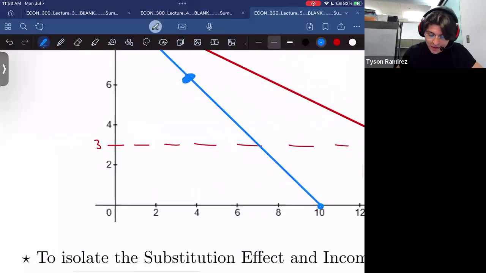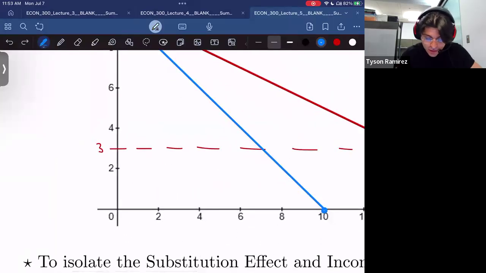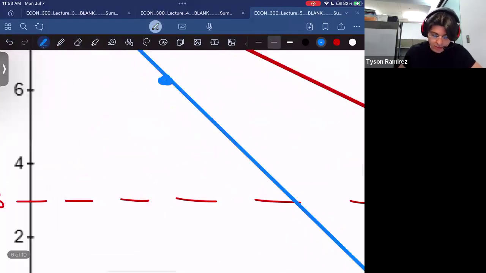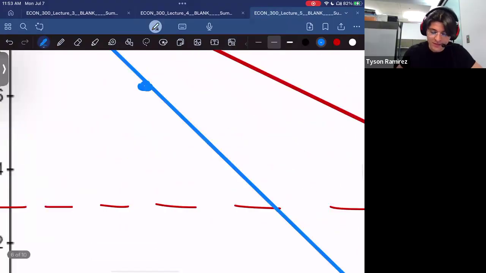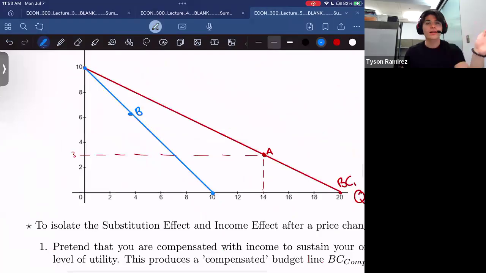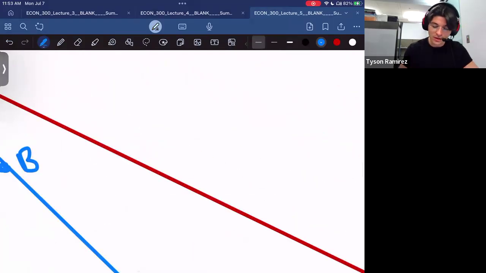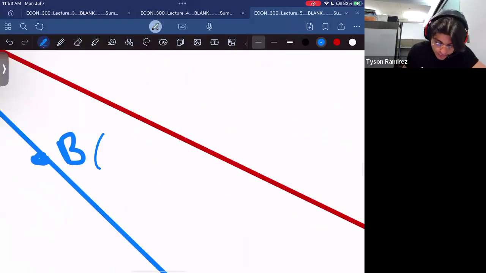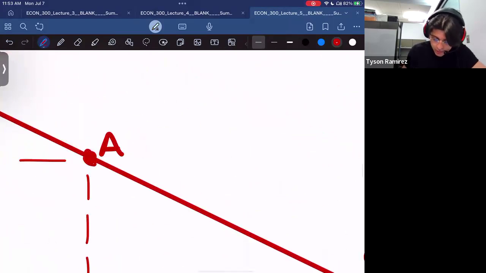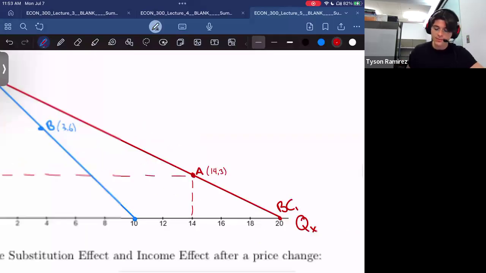Maybe I drew it a little bit higher. Whatever. 3 comma 6 is B. I don't want to make the graph messy. Just know that B is 3 comma 6, whereas point A was 14 comma 3.